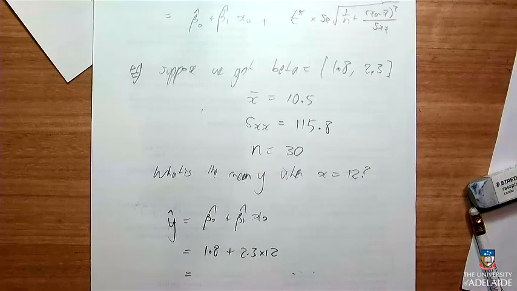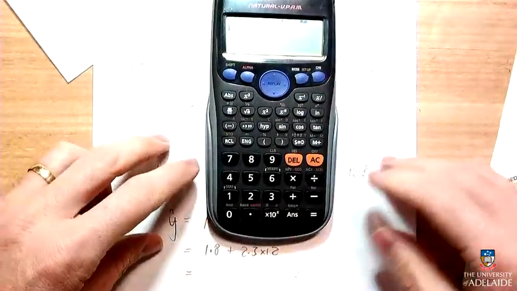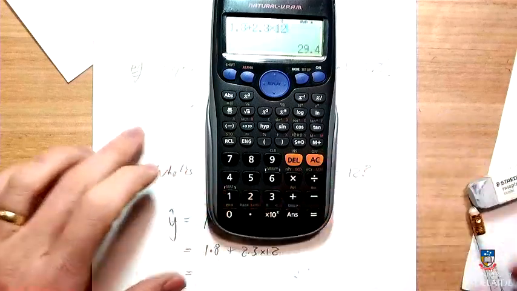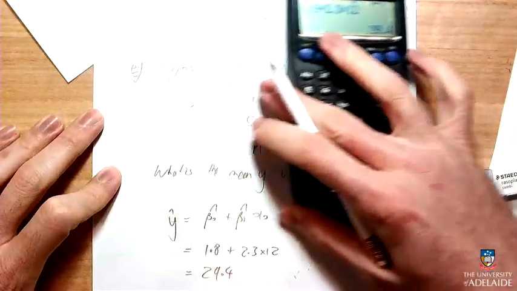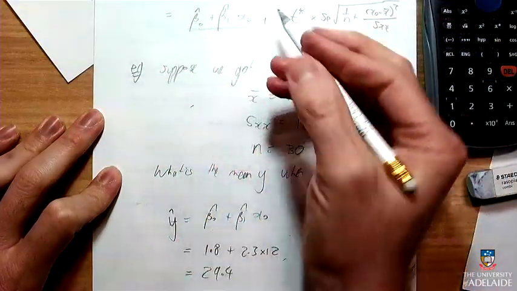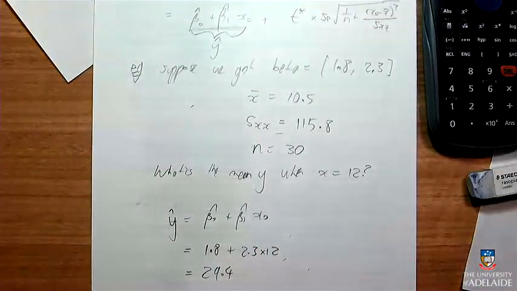You guys have graphics calculators? No. Good. I'll use a plain calculator. Which is 29.4. So that's my y hat.